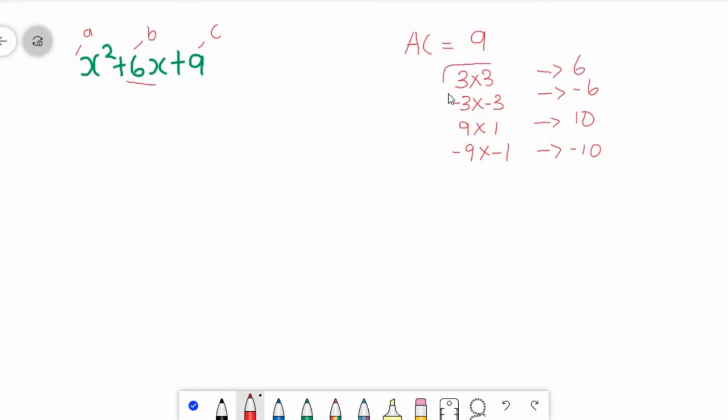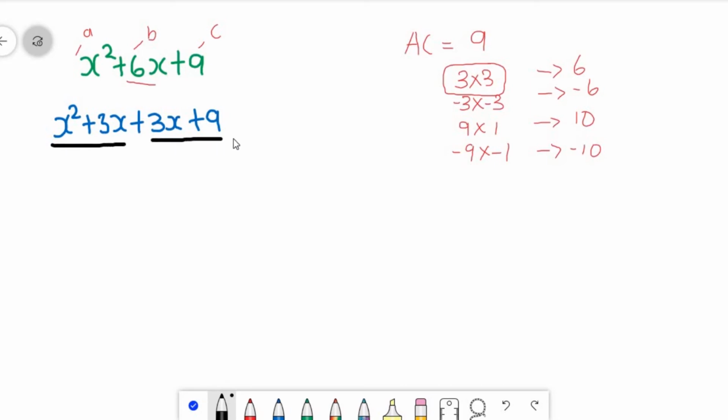So this is the pair that we're going to be using to replace our b term. So let's rewrite it. X squared plus 3x plus 3x plus 9. So we're going to factorize the first pair, and then this is the second pair.